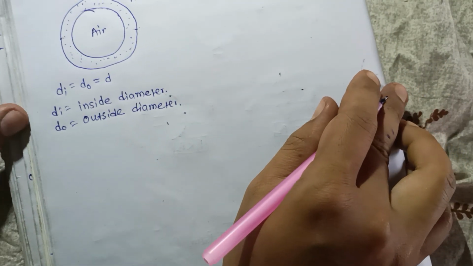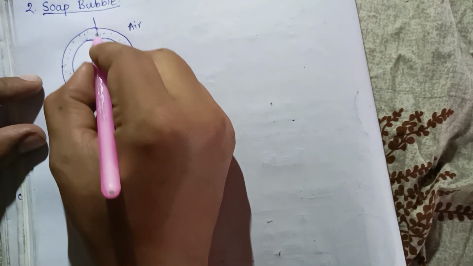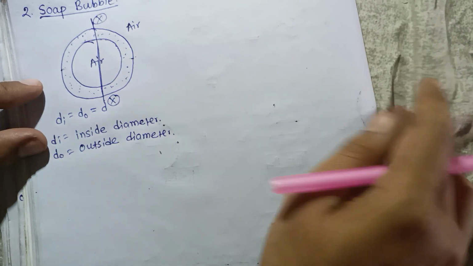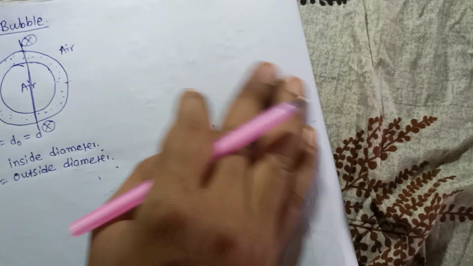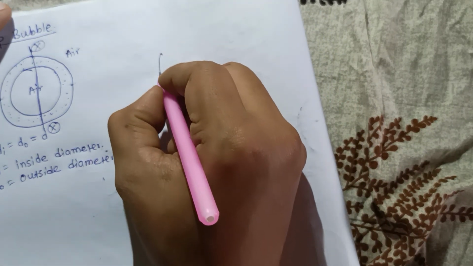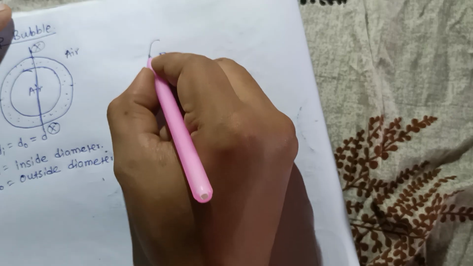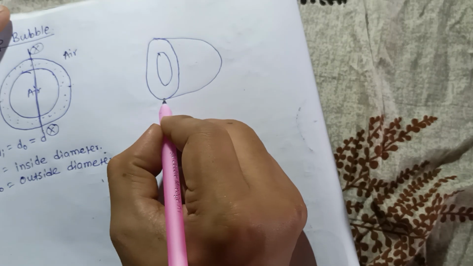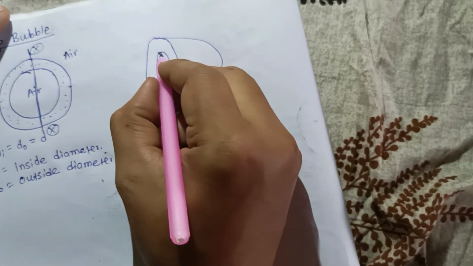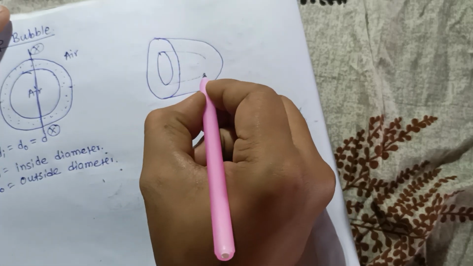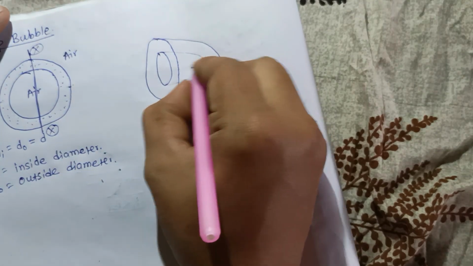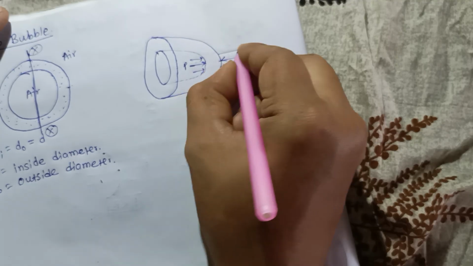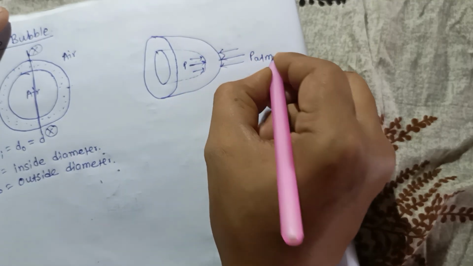If we focus on the cross section XX, this is what the soap bubble looks like. Here the inside pressure is P, and outside is atmospheric pressure, PATM.